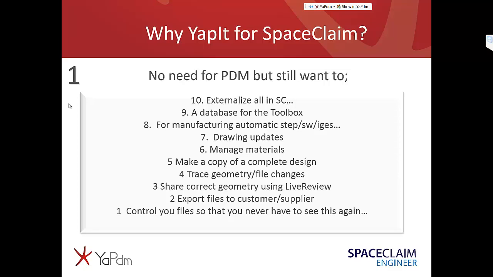Every SpaceClaim seat has got one XML file. What we do is actually check out the XML file, use the SpaceClaim interface, and then on release it's distributed to all the other clients. So everyone's using the same material database, and one person, one role, is controlling it.